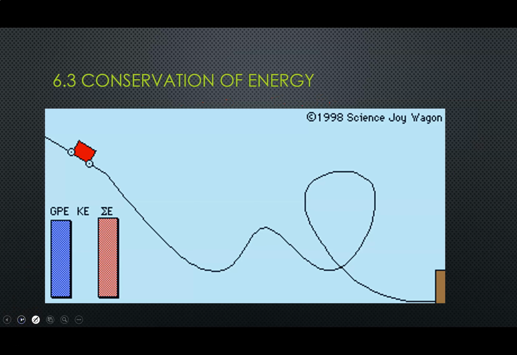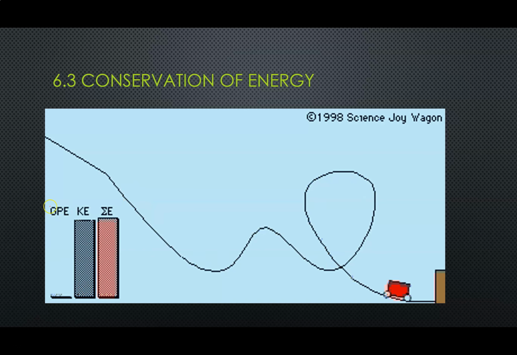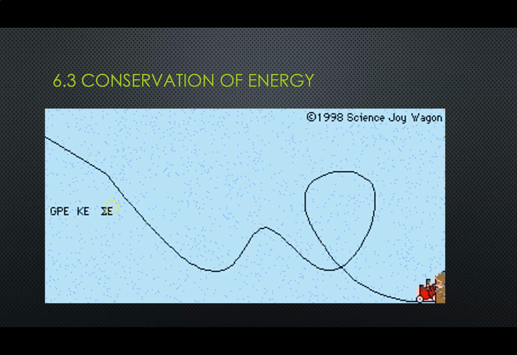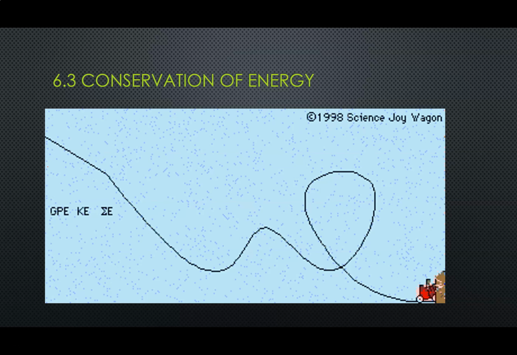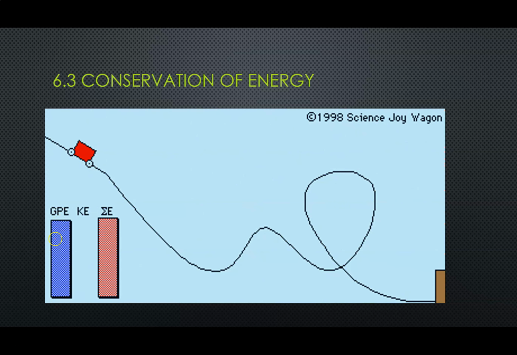So I've gone ahead and included a little graphic here where we can see our gravitational potential energy here, our kinetic energy here, and our total energy here. This is our total mechanical energy. We started with all potential energy here.